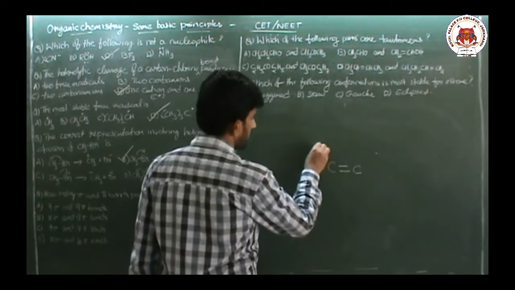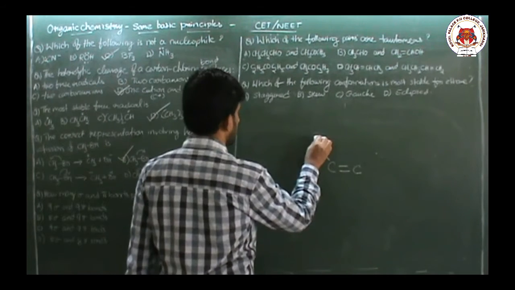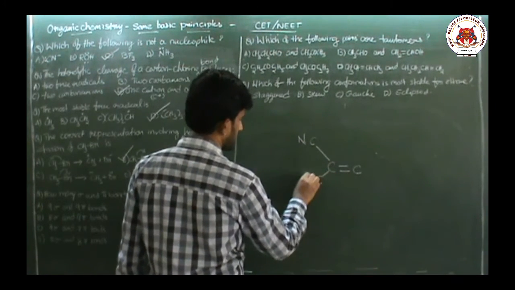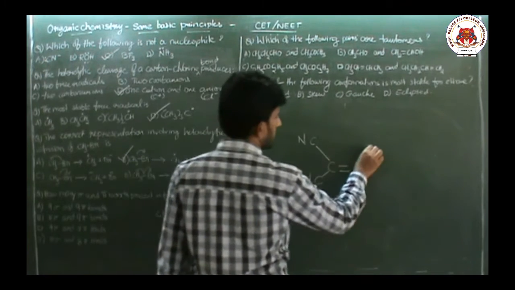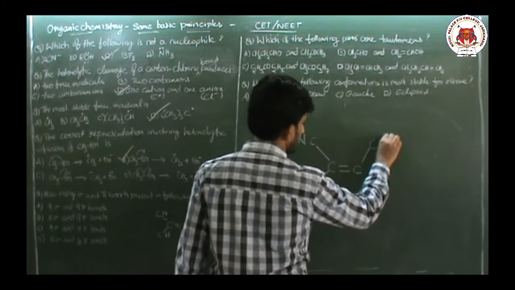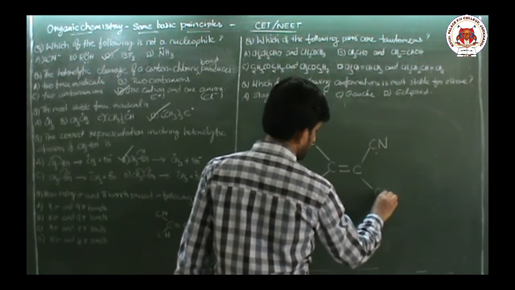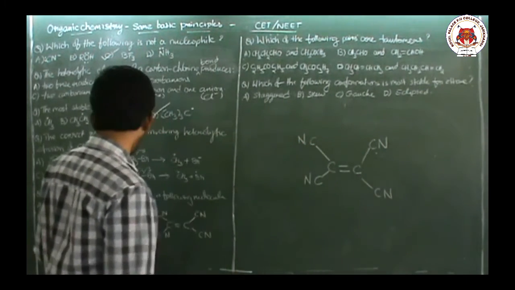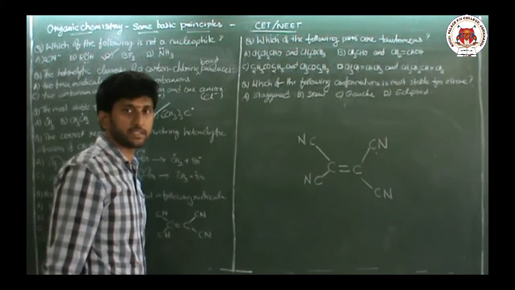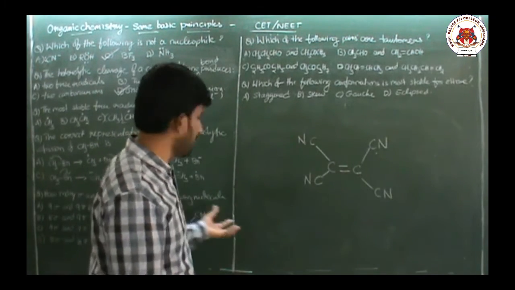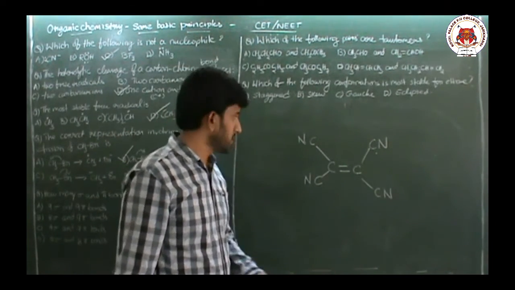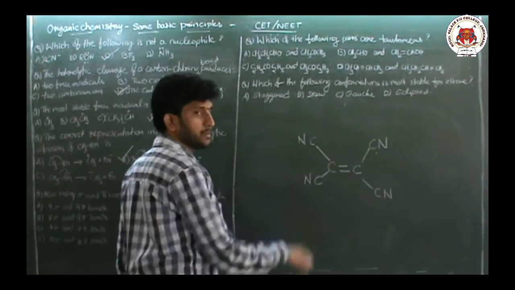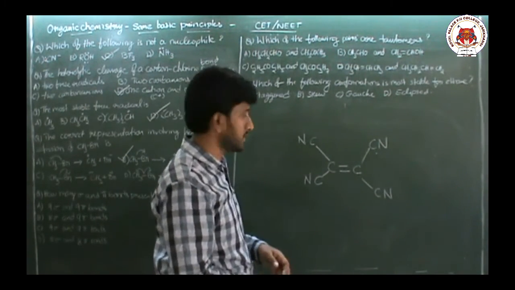This is one cyanide, this is one more cyanide group, this is one cyanide, and this is one more cyanide group. Now they are asking how many sigma and pi bonds are present in the total molecule.